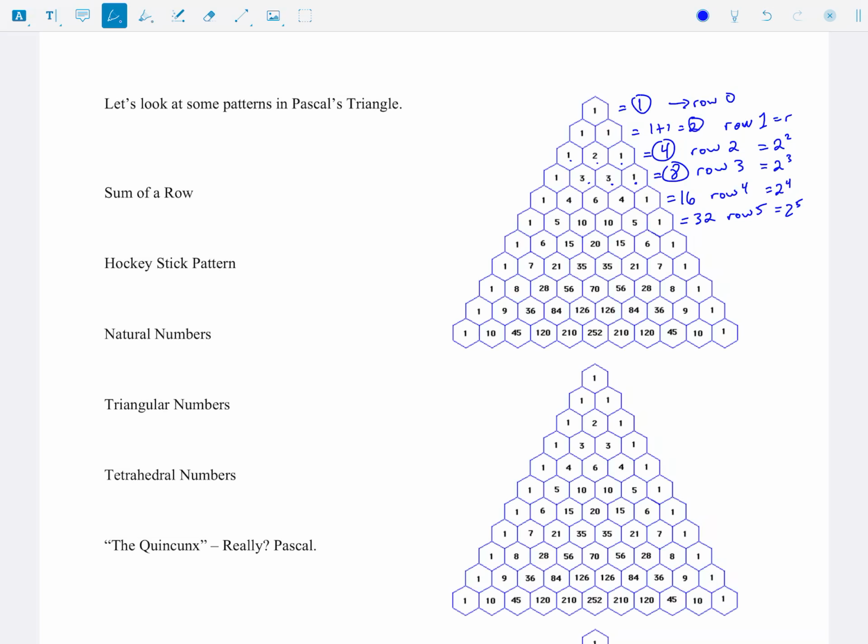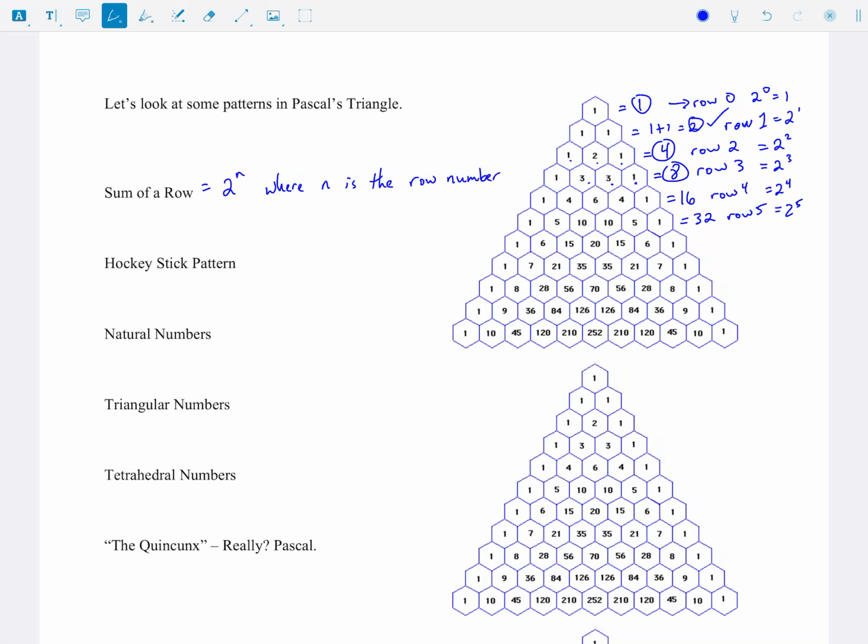Does that work over here? On row 1, it would be 2 to the power of 1, which is 2. Check. And here we'd have 2 to the power of 0, which is equal to, that's right, 1. So the sum of a row is 2 to the power of n, where n is the row number.